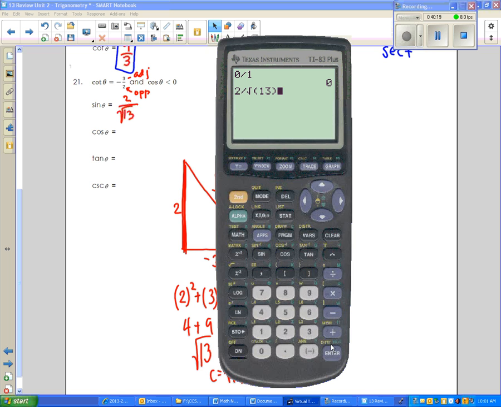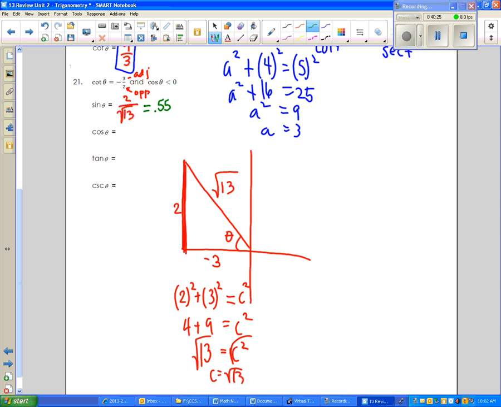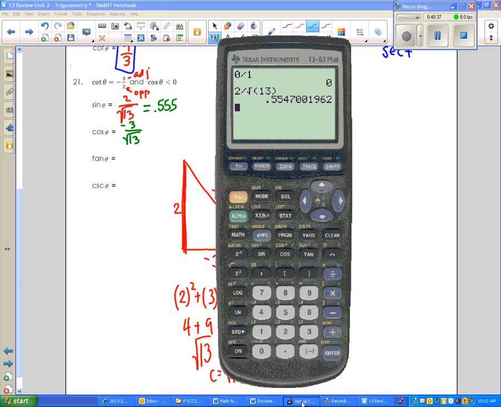And that'll give you 0.555, approximately. The cosine is going to be the adjacent over the hypotenuse, which is going to be negative 3 over the square root of 13. And so again, if we do this on the calculator, negative 3 divided by the square root of 13, that's going to give me negative 0.832.